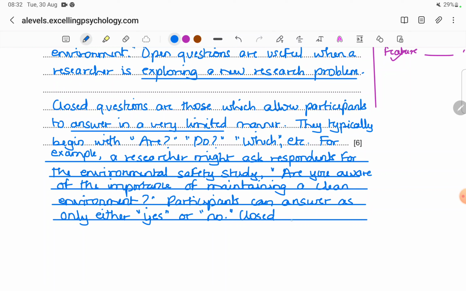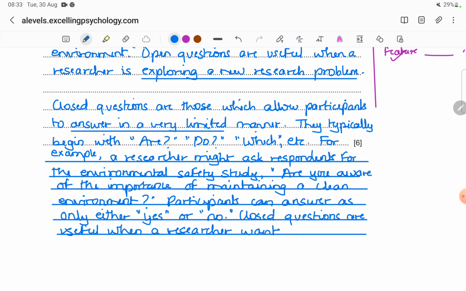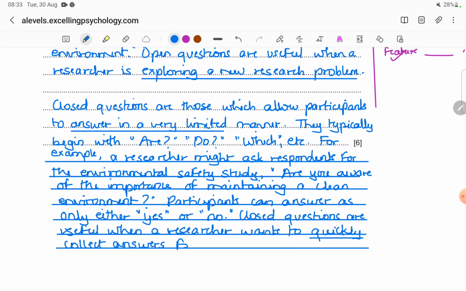Closed questions are useful when a researcher wants to quickly collect answers from a large number of participants.